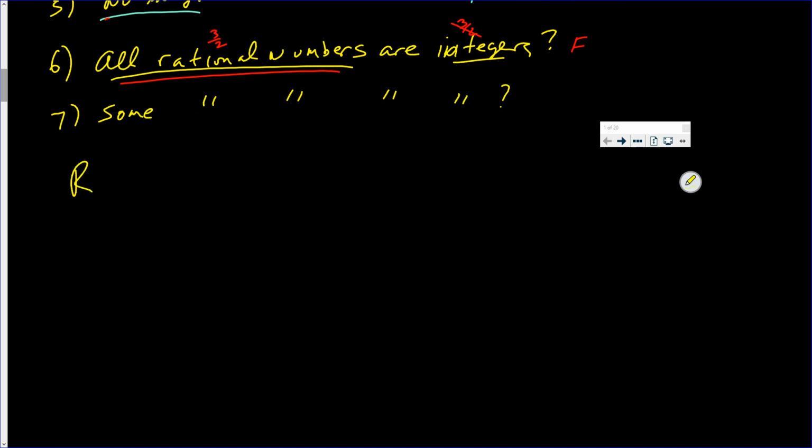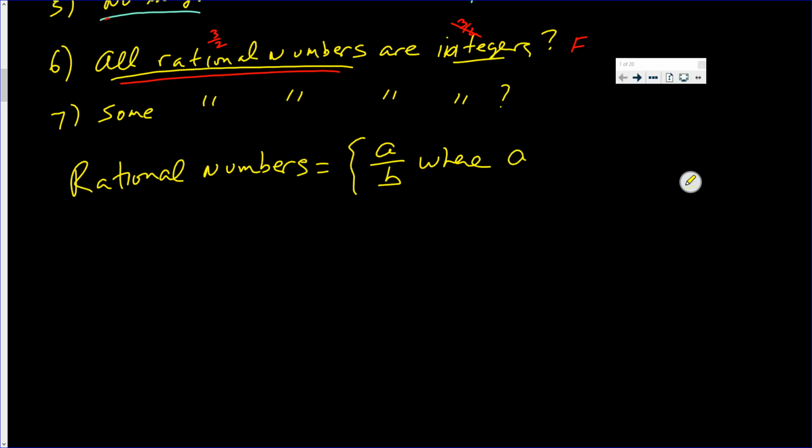Remember that we said the rational numbers is the set of all fractions A over B where A and B are integers and B is not 0.